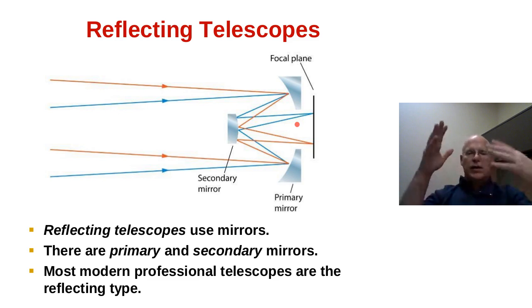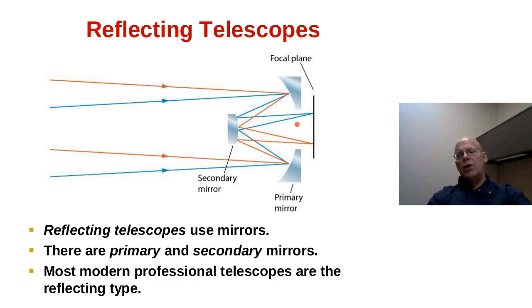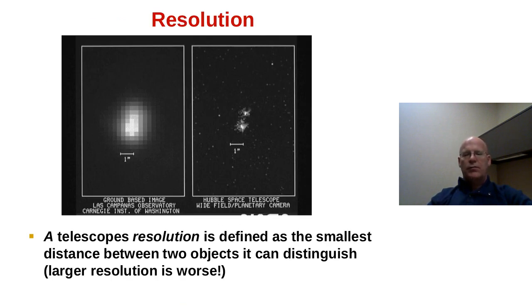A lens has to have both sides perfectly shaped and no impurities in between them. So it's a lot easier to make mirrors than it is to make lenses. It's still a huge undertaking for these giant telescopes, but it's a lot easier to make a mirror than a lens. And so most telescopes these days are reflecting.